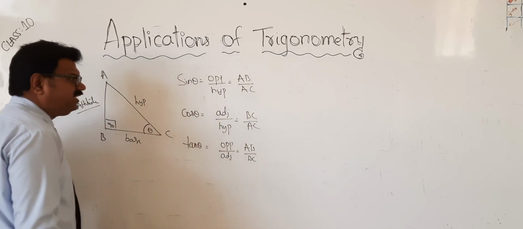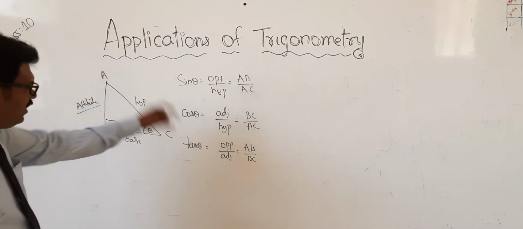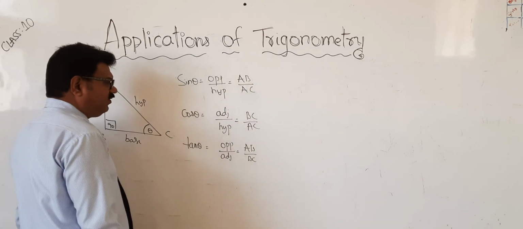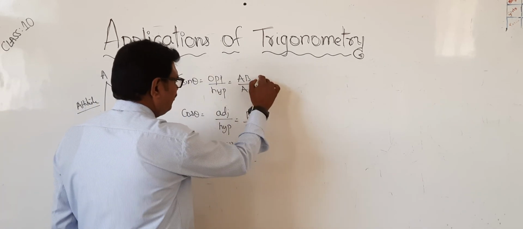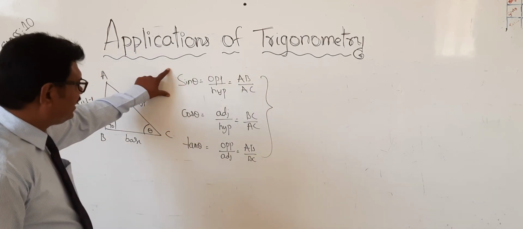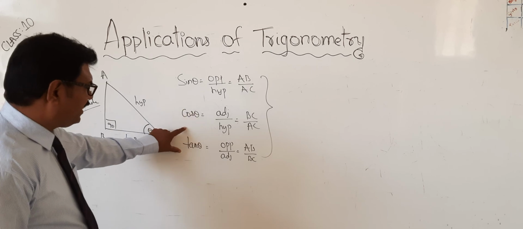These three ratios are there. Their reciprocals are also there, but we are not that much interested. We are interested only in these three ratios. One is sine, one is cos, and one is tan.